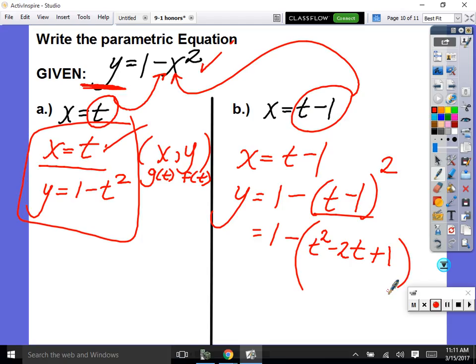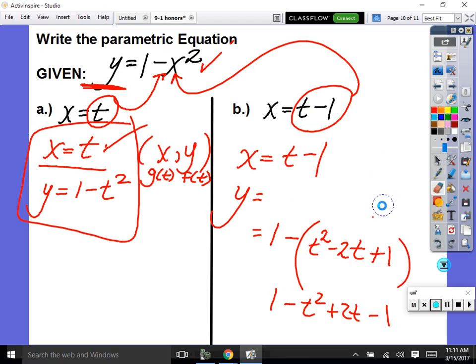Isn't that true? Now we would distribute the negative, so that would be 1 minus t squared plus 2t minus 1. So our y value is actually going to turn out to be 1 minus 1 is gone, so we have negative t squared plus 2t.